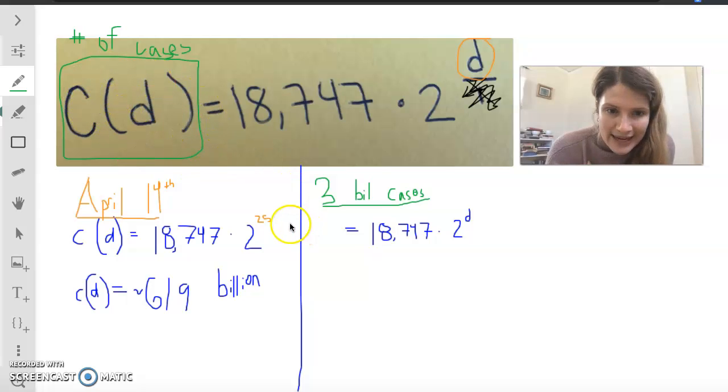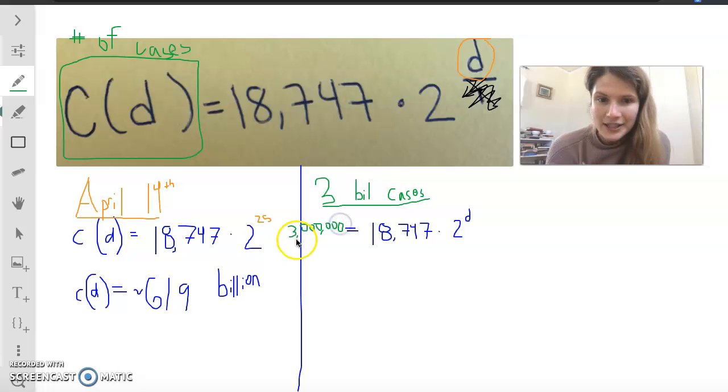So what I'm going to do is write out 3 million. I'm going to plug in 3 million on the left side. And 3 million looks like this: 3, 0, 0, 0, 0, 0, 0. Wow, this is really hard to draw. So here's my setup: 3 million equals, and then just the right side of the equation.